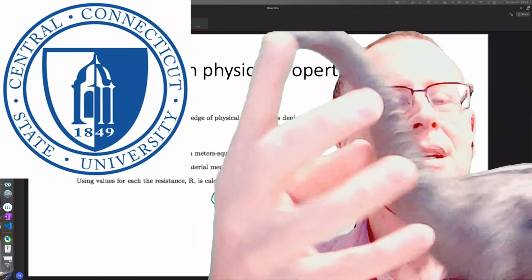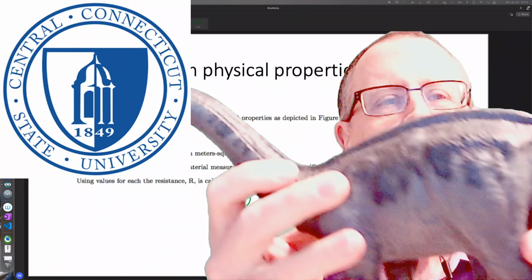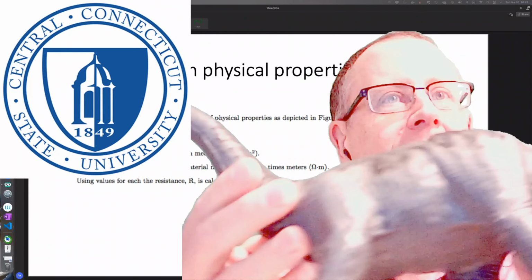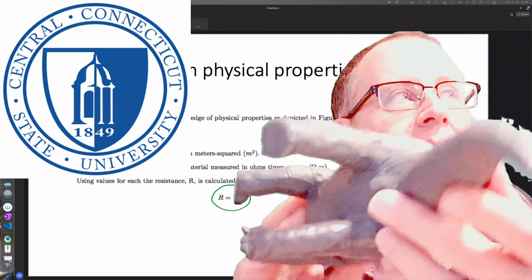How would you go about figuring out what the resistance of this dinosaur toy is?